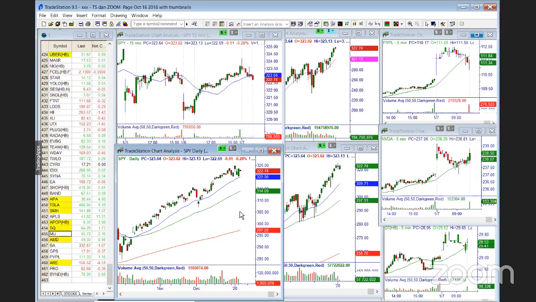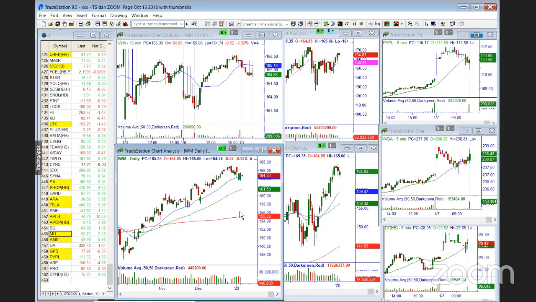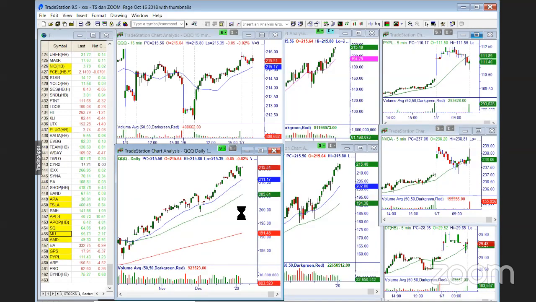There's a lot of support right there. Diamond's weaker. IWM is kind of neutral right here. Q's actually holding totally fine. Q's are fine.